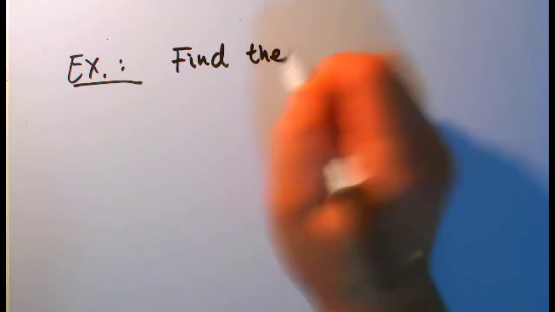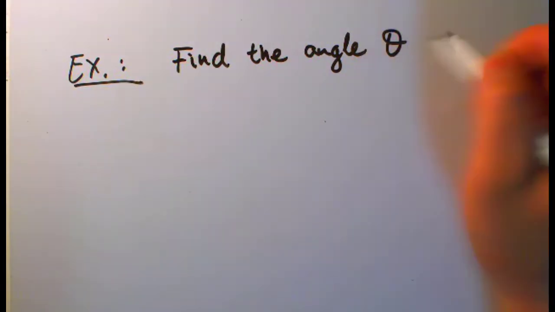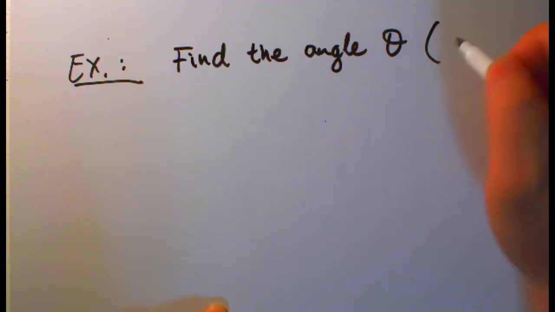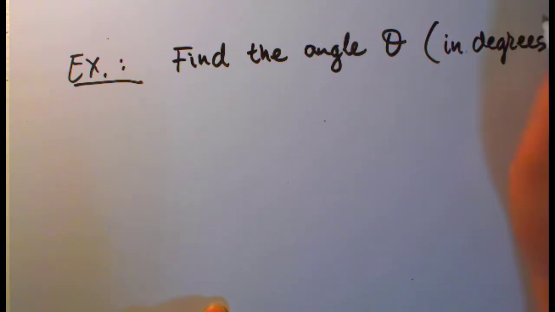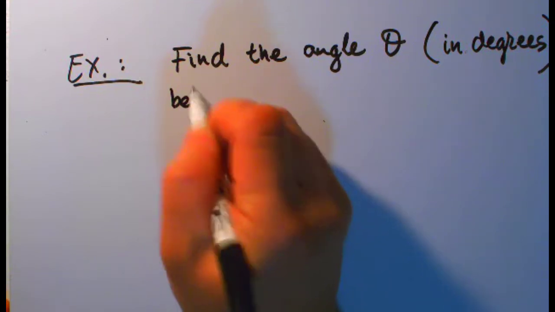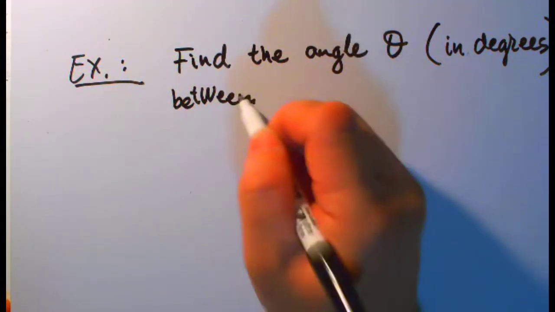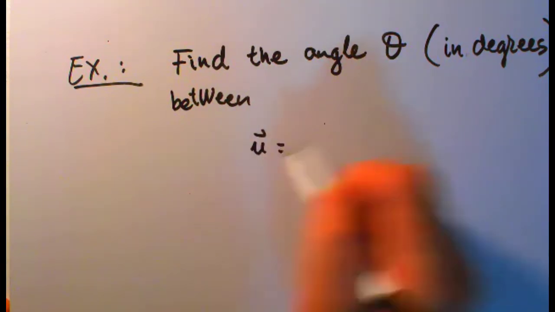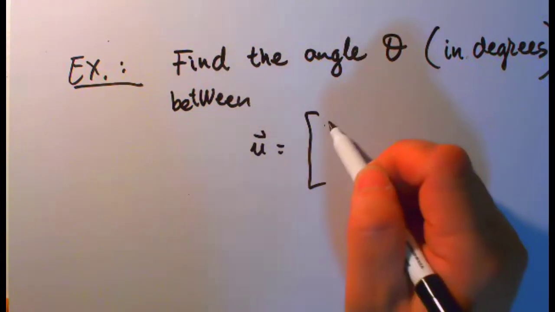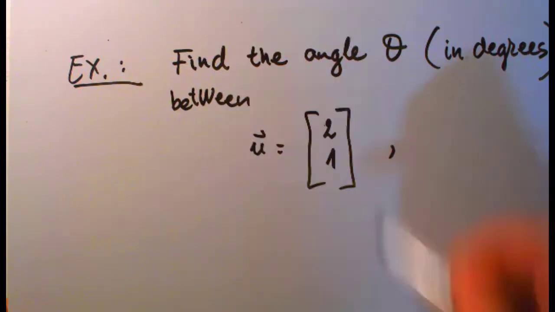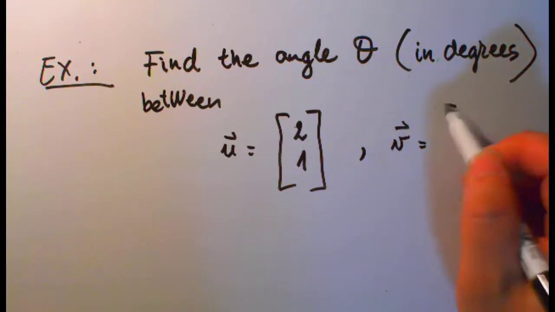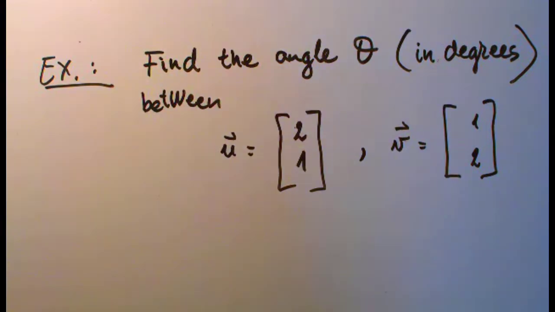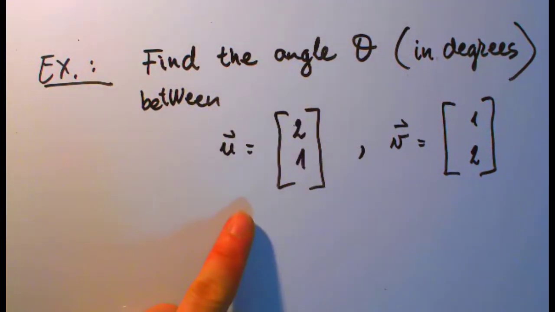Let's find the angle theta, for simplicity in degrees, between the two vectors u equals 2, 1 and v equals 1, 2. So these are the vectors.